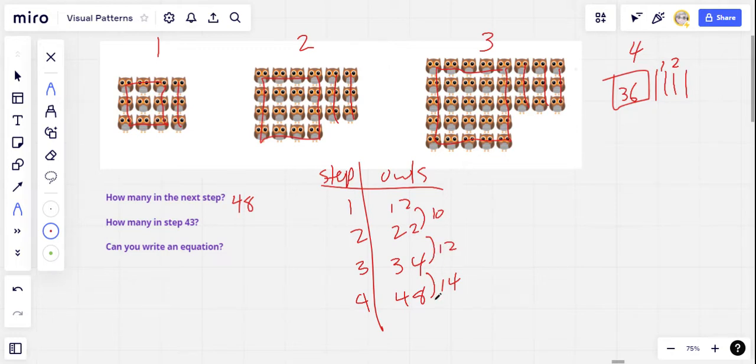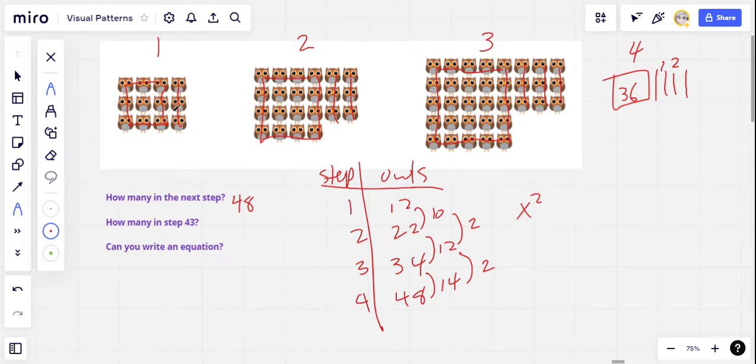So that hunch I had at the beginning is right. Let's take the difference of the differences. So 12 minus 10 is 2, 14 minus 12 is 2. When you get a constant number, in this case 2, in the difference of the differences, that means you have a quadratic. So you're going to have x squared in here somewhere.